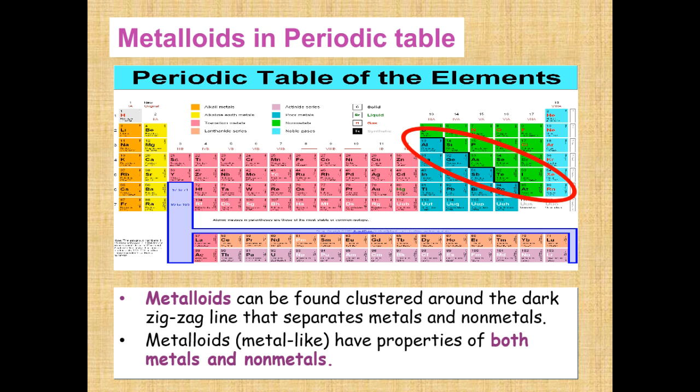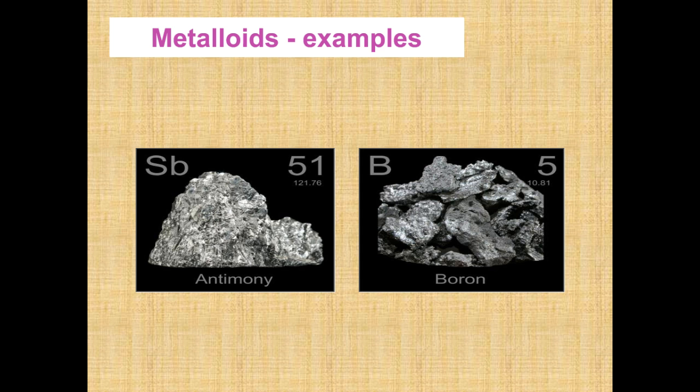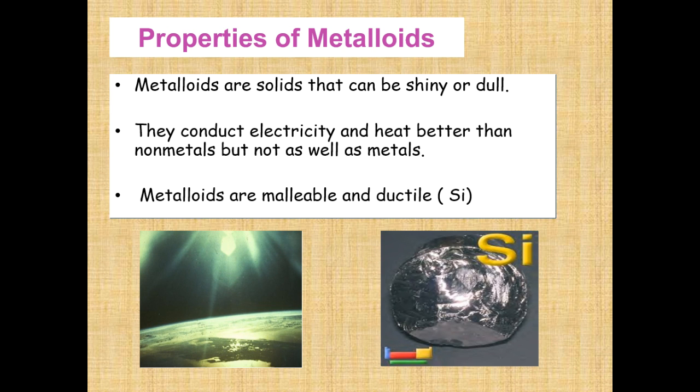The metalloids can be found clustered around the dark zigzag line that is separating the metals and non-metals. The metalloids look like metals and have properties of both metals and non-metals. Some more examples of metalloids are antimony and boron.